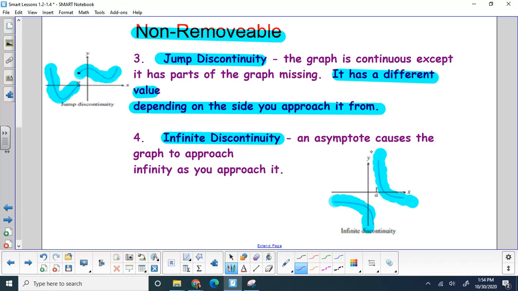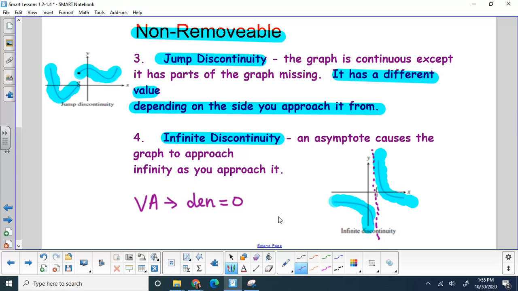Now, this infinite discontinuity occurs when you have a vertical asymptote. We'll formally define this later, but a vertical asymptote occurs when the denominator is equal to 0. That is when a vertical asymptote occurs. But again, that's going to show up in the vocabulary as we break down this section 1.2.